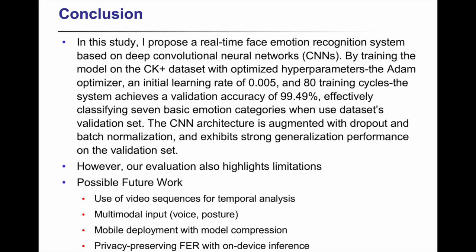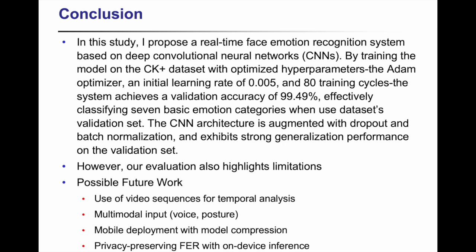In this study, I proposed a real-time facial emotion recognition system based on deep convolutional neural networks. By training the model on the CK+ dataset with optimized hyperparameters, the Adam optimizer, an initial learning rate of 0.005 and 80 training cycles, the system achieves a validation accuracy of 99.49%, effectively classifying 7 basic emotion categories on the validation set.